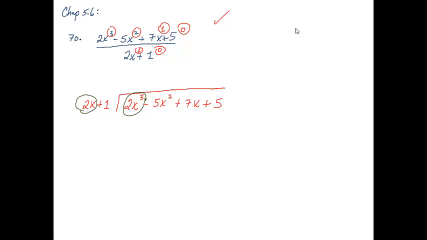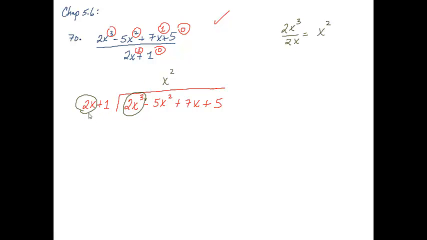That is going to end up being x squared. Place it somewhere on the top. It does not matter where you place it at all. It's an answer. Once you do that, now you're going to take this x squared and multiply every term in your divisor by x squared.